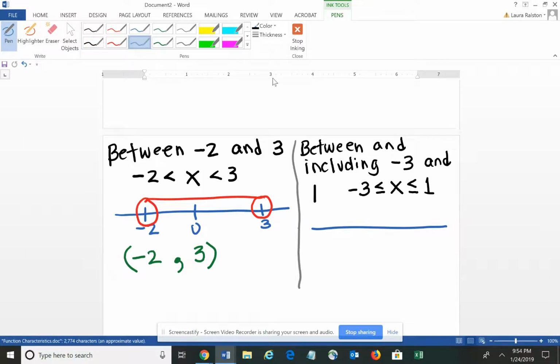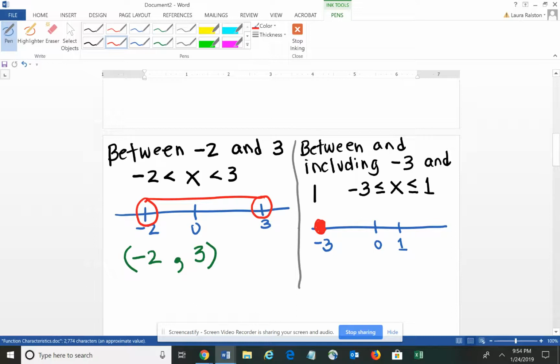So again, I'm going to put those on the number line. Again, it doesn't have to be perfect. We know 0 is kind of in the middle. We would have -3 on the left, +1 on the right. And this time when I draw the picture, because I can actually use those values, to show that I can use them, we color in the dot.